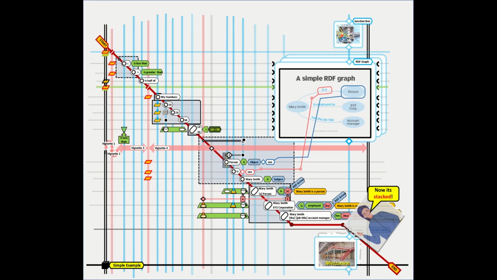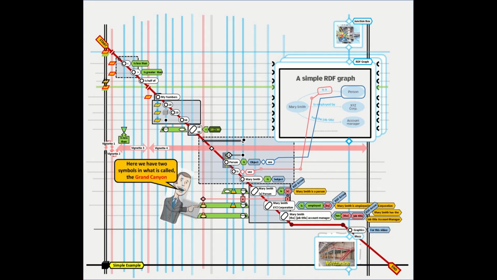So let me continue. Here we have 2 symbols, both stacked one upon the other, in what is called the Grand Canyon. And here, with a bit of help from my little, albeit sometimes silly, assistant, Sally, is pointing to the UniML symbol that is the owner of this aforementioned Grand Canyon, which is called a string break, which denotes, as one might guess, that there is a break in the string at that symbol's location.